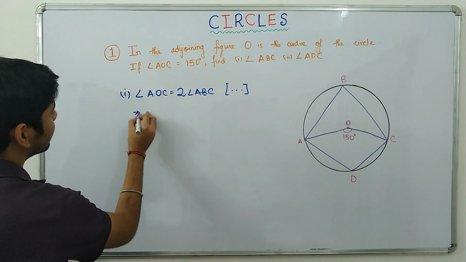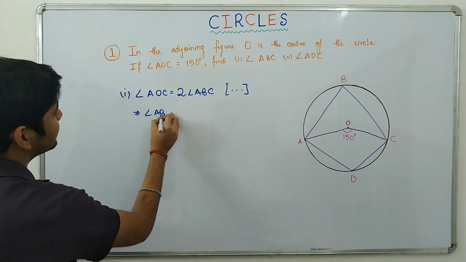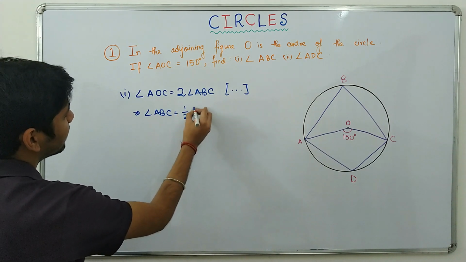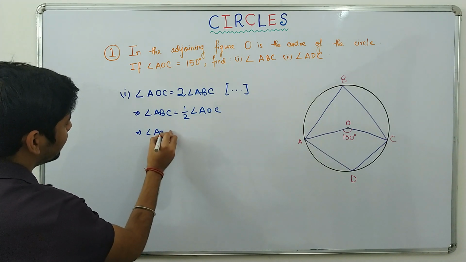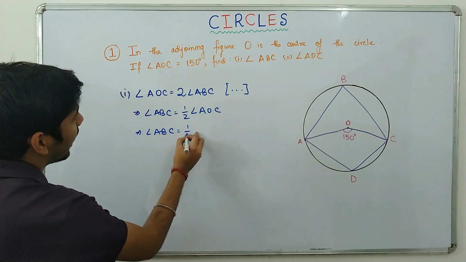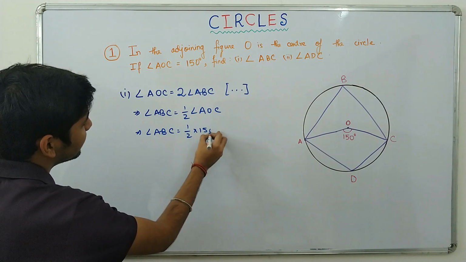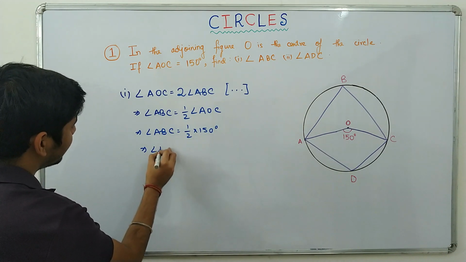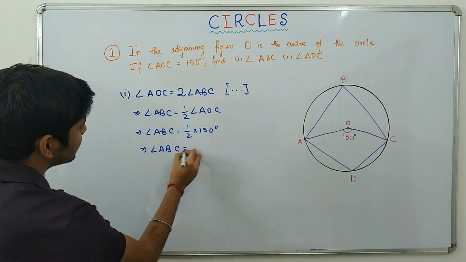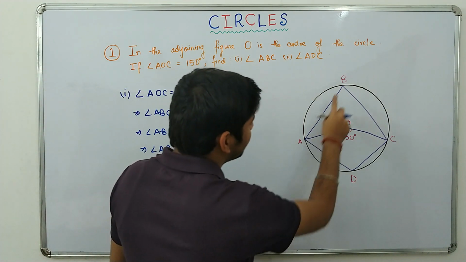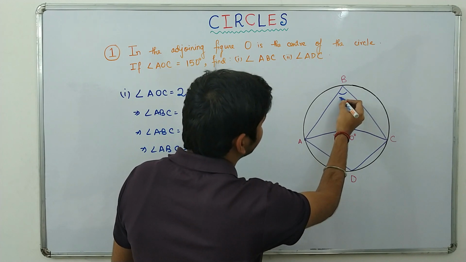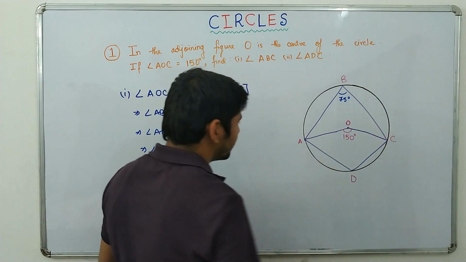So I get angle ABC is equal to half angle AOC. So I get angle ABC is equal to half into 150 degrees. So I get angle ABC is equal to 75 degrees.